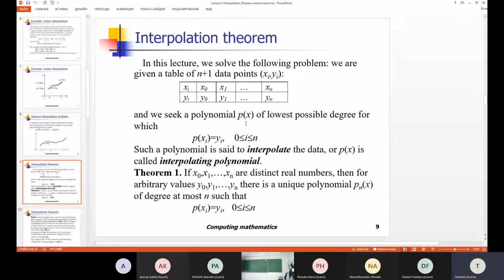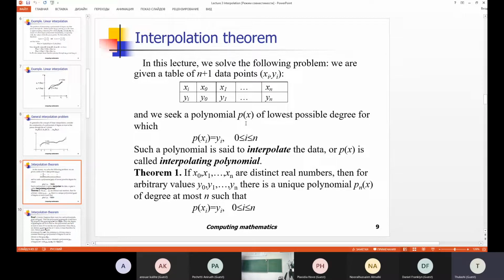What is the graph of a quadratic polynomial? Do you remember how it looks? Quadratic. Yes. Quadratic polynomial. Like this.